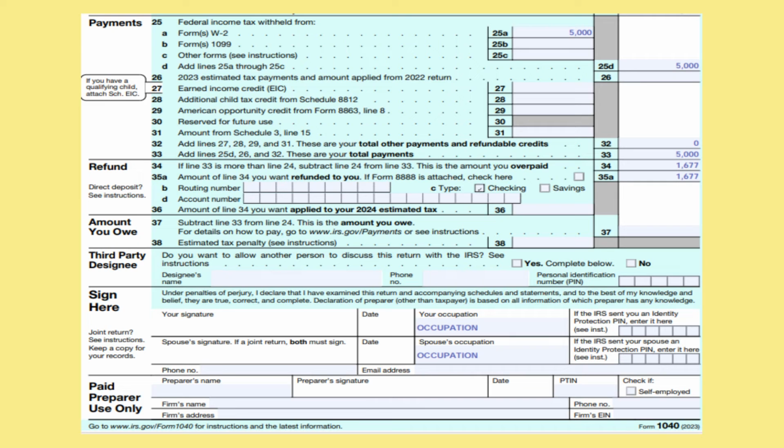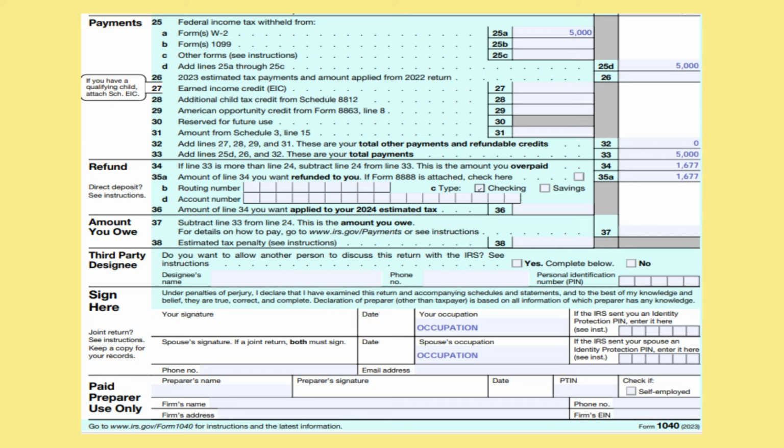Line 28 is the additional child tax credit. You can receive an additional amount of child tax credit even though your tax is 0, and you would calculate to see if you qualify on Schedule 8812. If you are taking the American Opportunity Education Credit, the amount that is refundable is reported on line 29 from Form 8863, line 8.